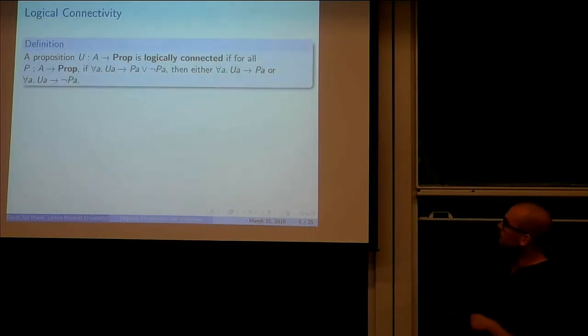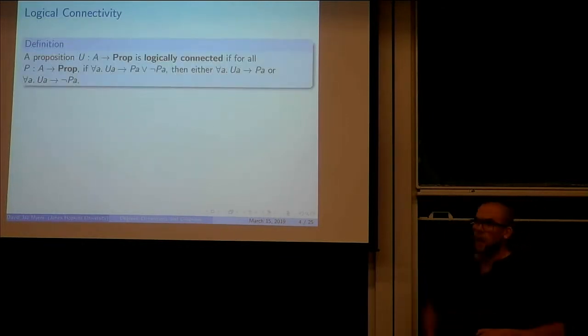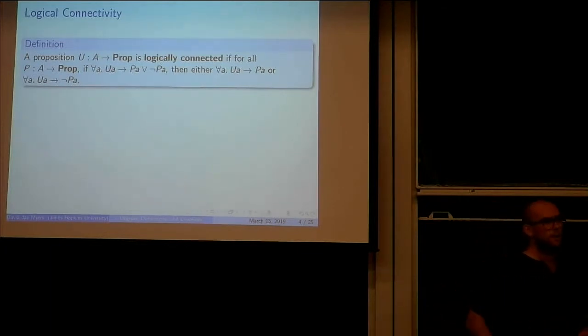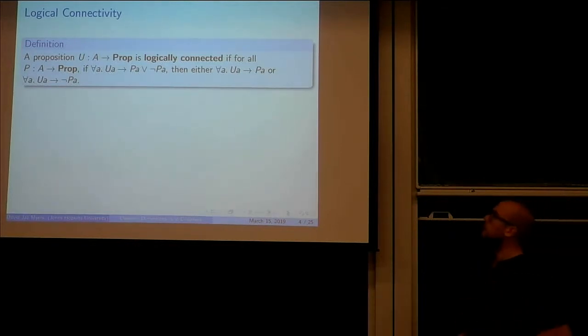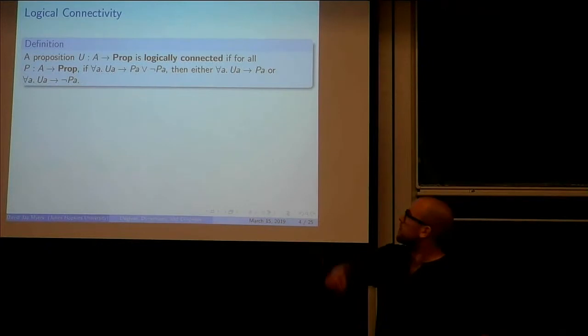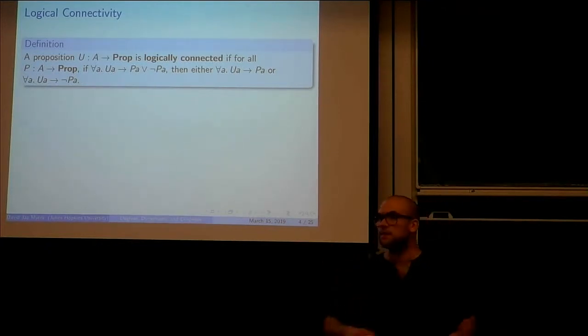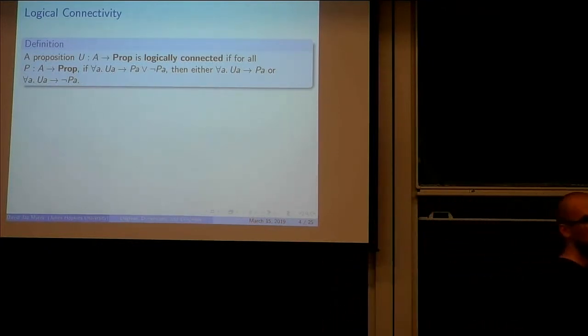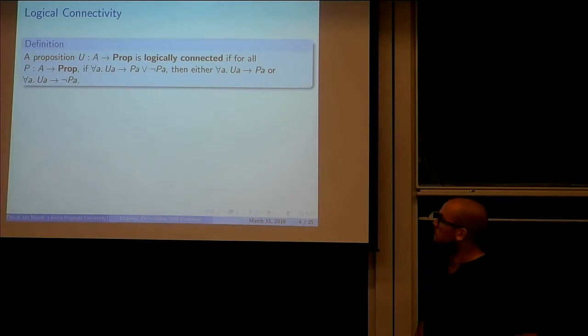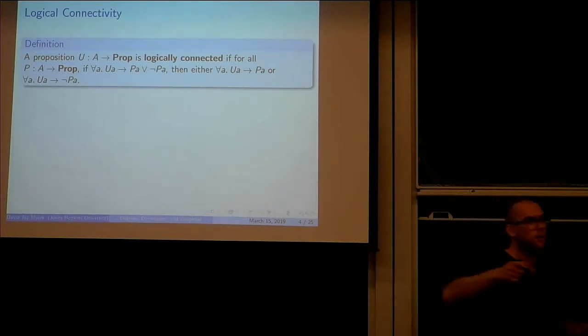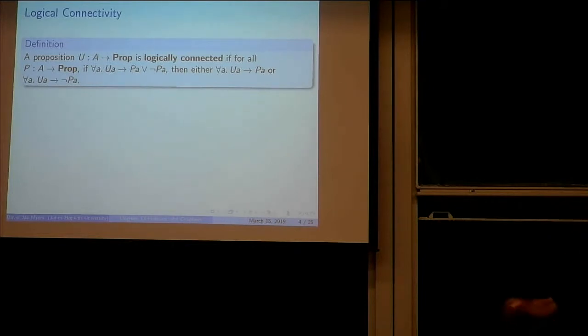So, in particular, I used this in my last talk, but I would like to mention it again. A proposition is logically connected if, whenever it is universally contained in a disjoint union, so a disjunction, of two propositions that contradict each other, then it's either universally in the left half or universally in the right half.